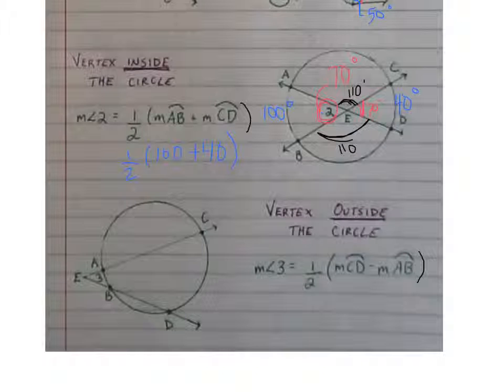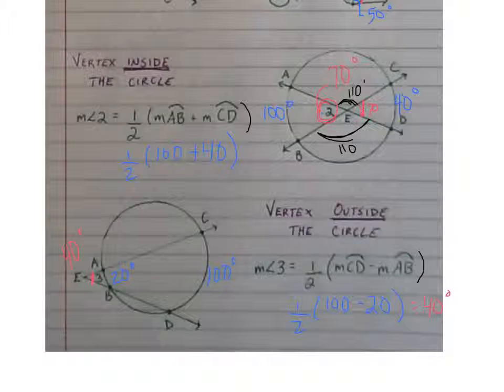So in this case, if this was 100 degrees and this was 20 degrees, we'll find that the measure of angle 3 is 1/2 of 100 minus 20, which is 40 degrees. So angle 3 is 40 degrees.